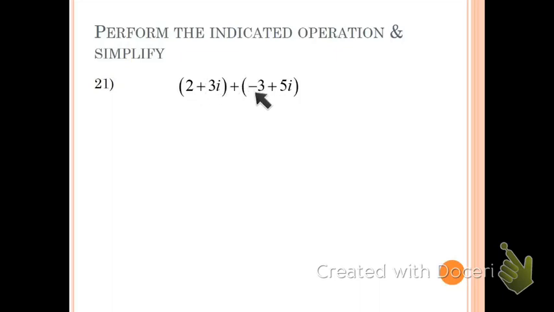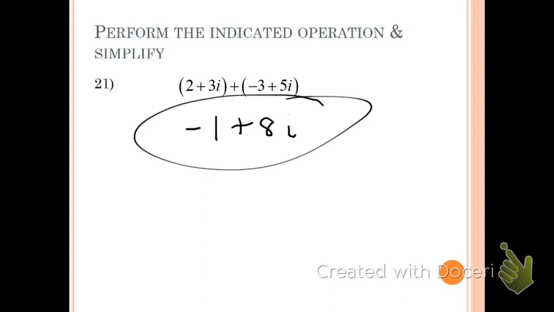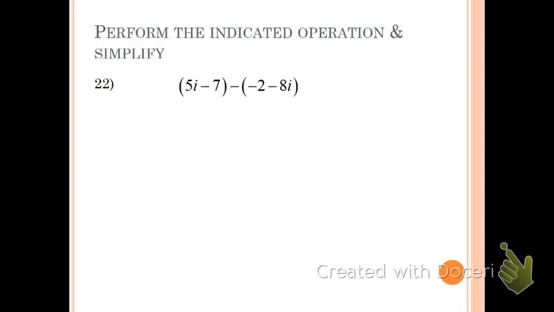What's 2 plus negative 3, guys? Negative 1. And what's 3i plus 5i? 8i. Okay, so you're going, okay, that's simple. Got it? So when you subtract, make sure you do what with that negative?